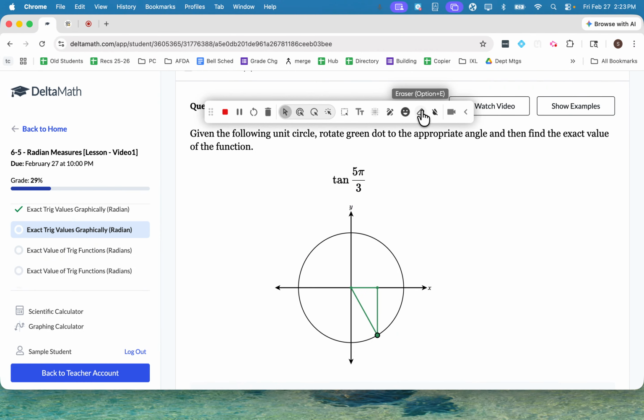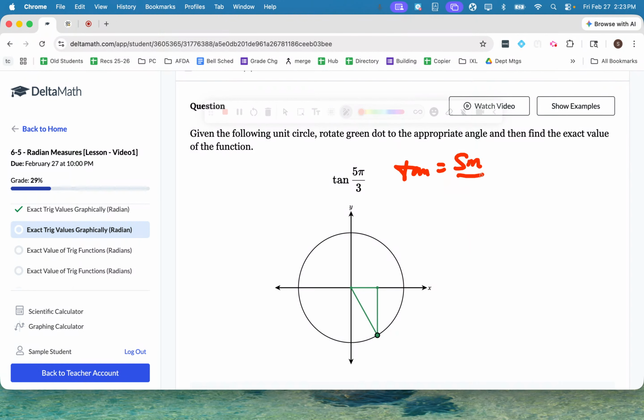Now, you have to kind of give tan another definition when we're in the unit circle. Tan is sine over cosine. So what's the sine of this angle? It's this. That's sine.